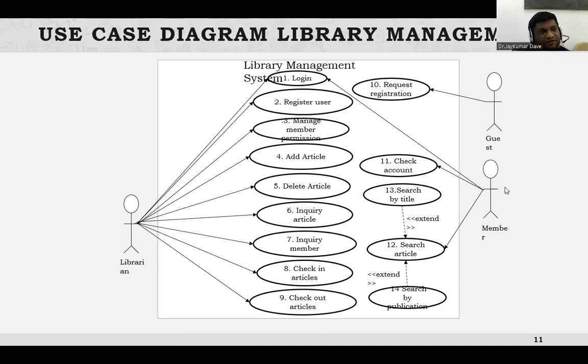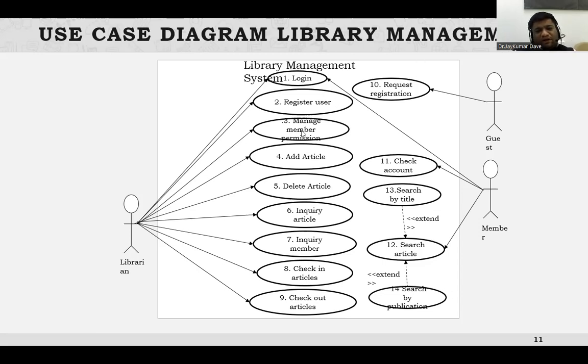At the right-hand side, we have a couple of actors, namely guest and members. At the top side of this rectangular box, the name of the system is to be written, which is nothing but our library management system. So, if you are dealing with an ERP management system, you have to mention ERP management system. If you are dealing with a railway reservation system diagram, then you are supposed to mention railway reservation system.